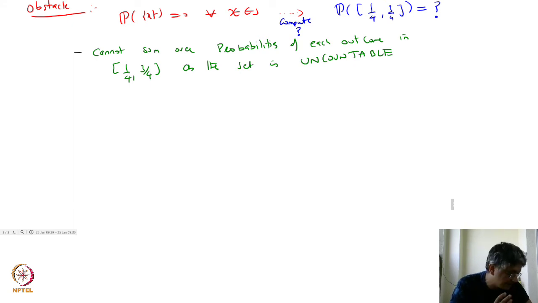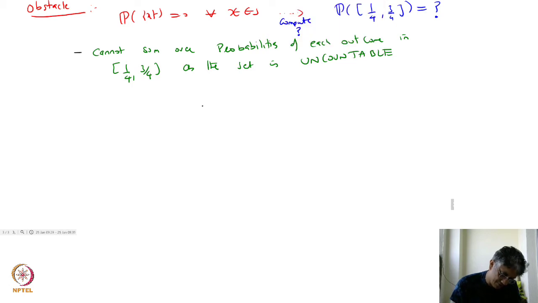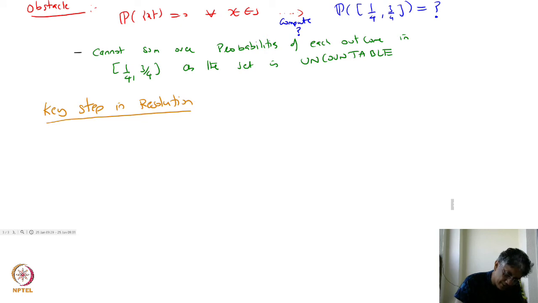Okay, so the key resolution to this problem is the following. Let me write it down in some other color. The key step in resolution is the need to reinterpret what we mean by uniform.